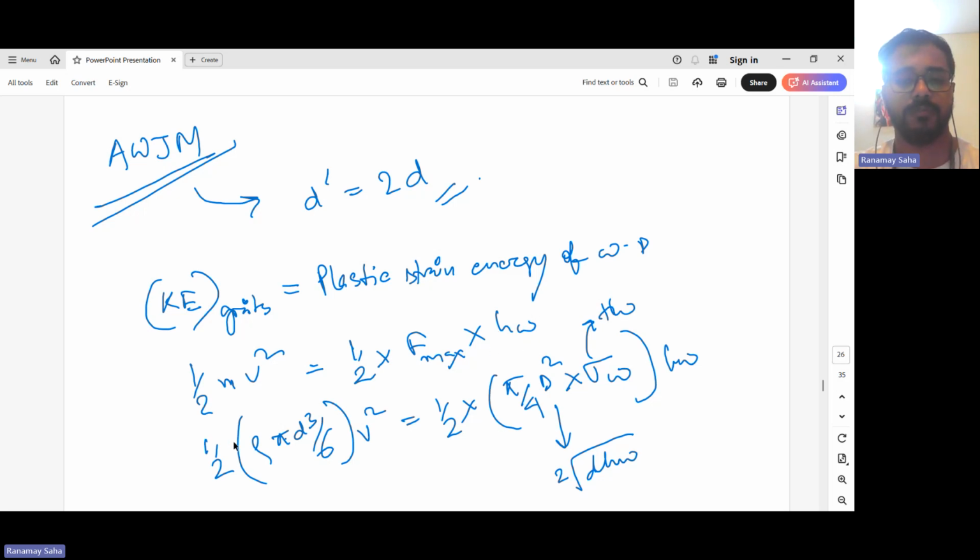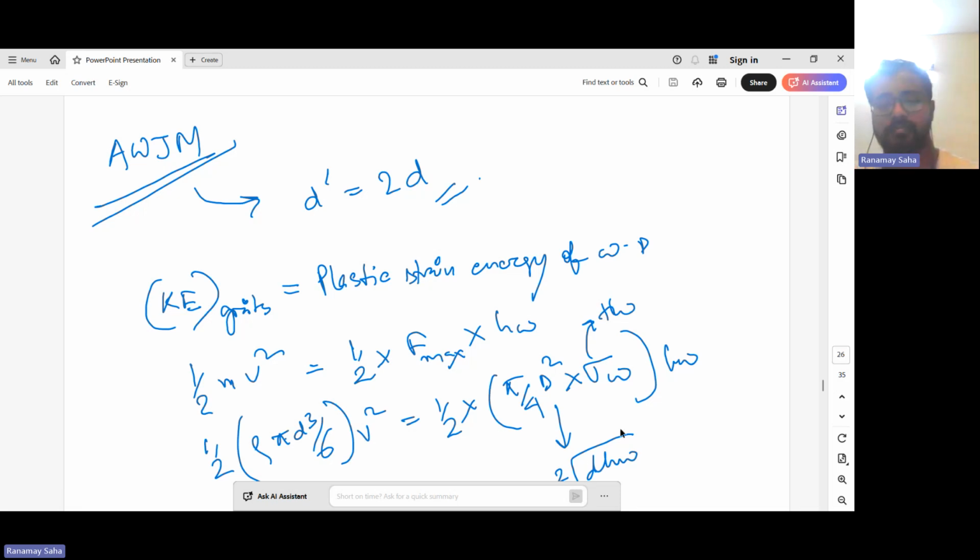Then you have half of density multiplied by pi d cube by 6. So this is giving you the total mass, and then the velocity squared equal to half of pi d square by 4 multiplied by sigma stress, which is almost equal to the hardness of the workpiece, multiplied by the depth of indentation. This is equal to twice the square root of d hw, you know that, and this is equal to the height of indentation multiplied by the dia of indentation.